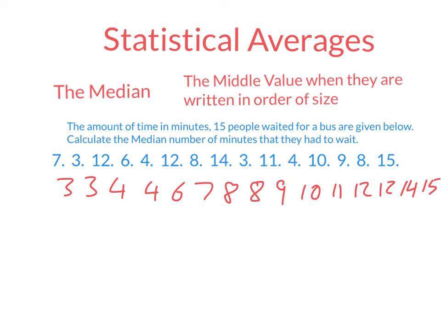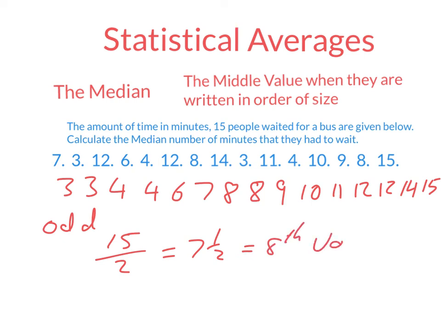So remember, like I did before, 15 is an odd number. So we go 15 divided by 2, and that gives us 7.5, and we round up. So we're looking for the 8th value. So counting across, 1, 2, 3, 4, 5, 6, 7, 8. So our 8th value is actually number 8, and that's our median.